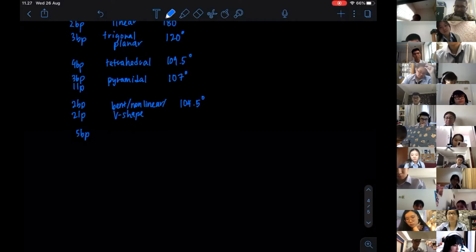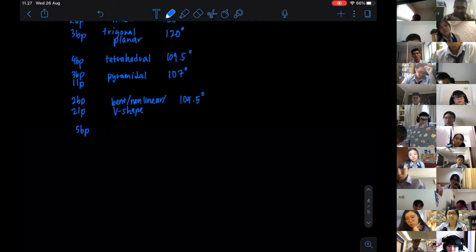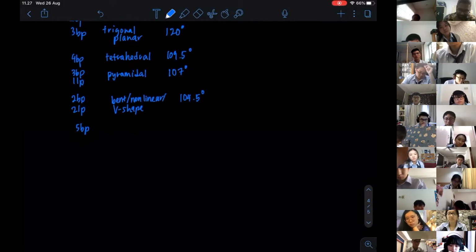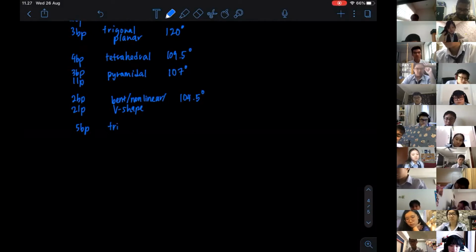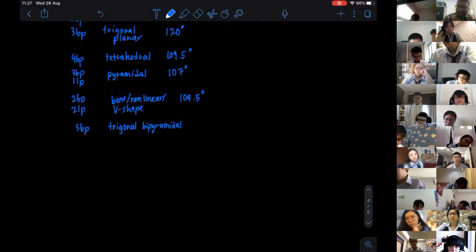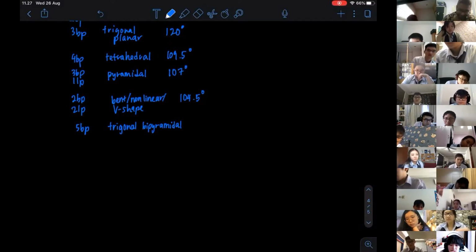So we go for the 5 bonding pairs. Benedict, what is the shape? Okay, I already wrote it over there. Trigonal bipyramidal. The bond angle: there are 2 bond angles.